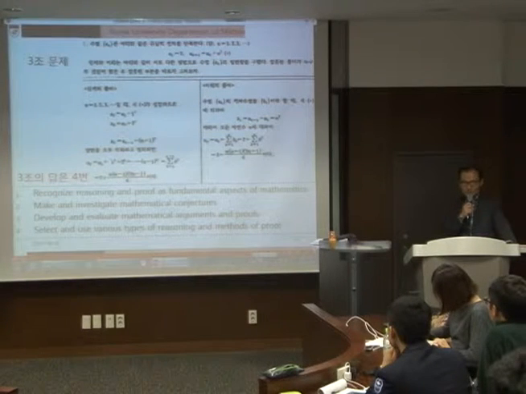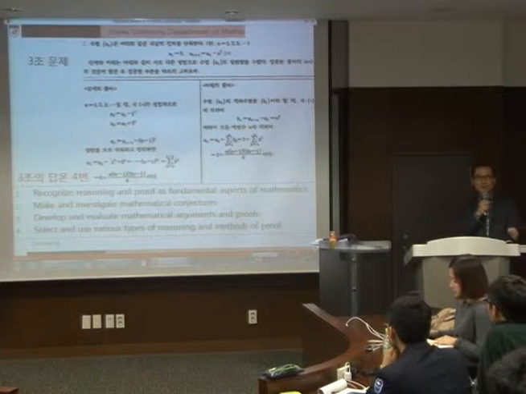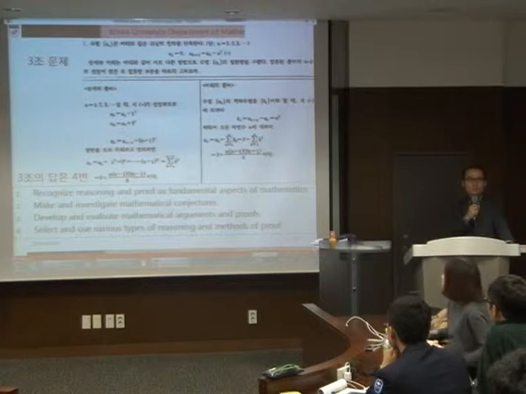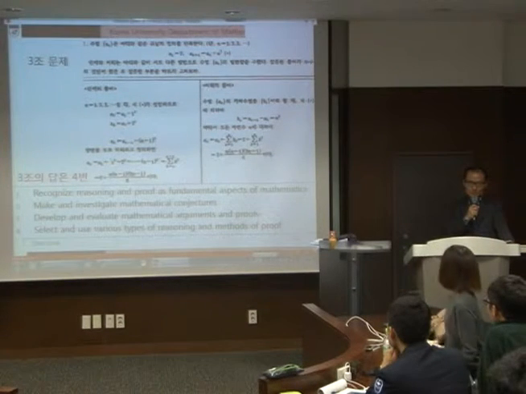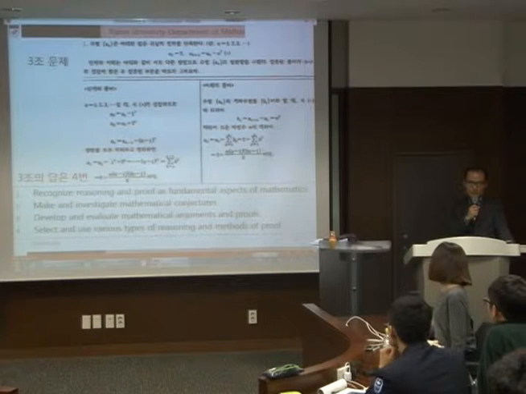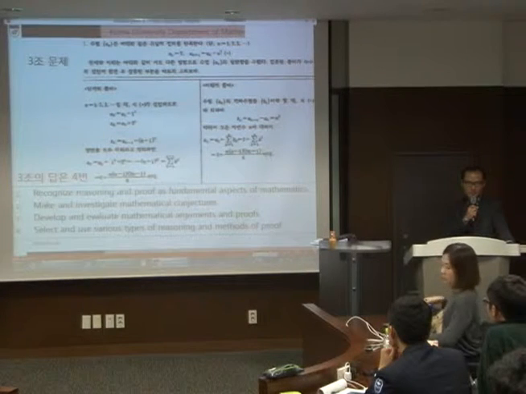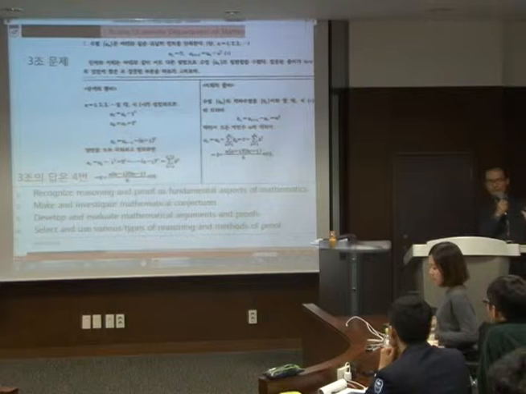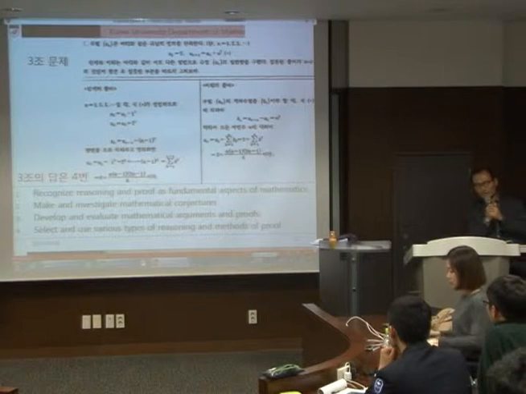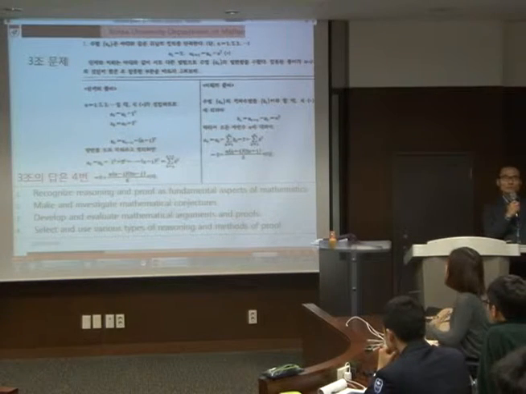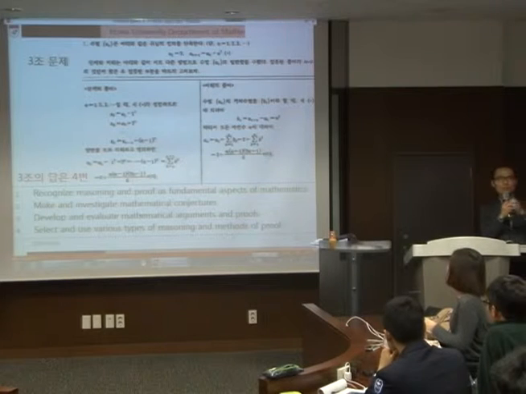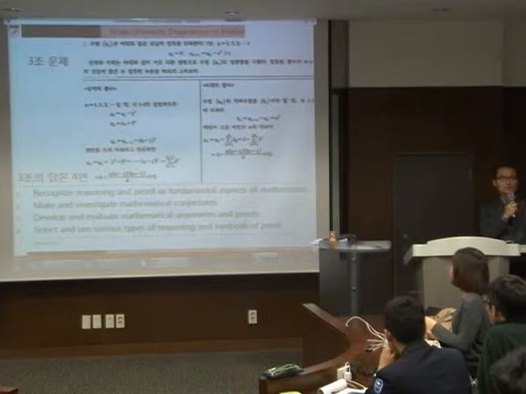Well, I think both of them at least make sense to me. But one of the things I think you should understand in the third category, develop and evaluate mathematical arguments and proofs, is that you should show the whole process in this category.